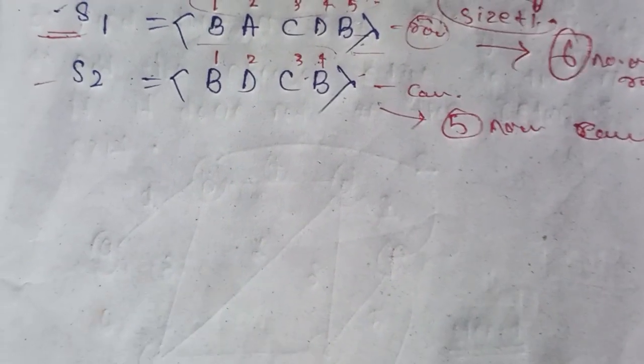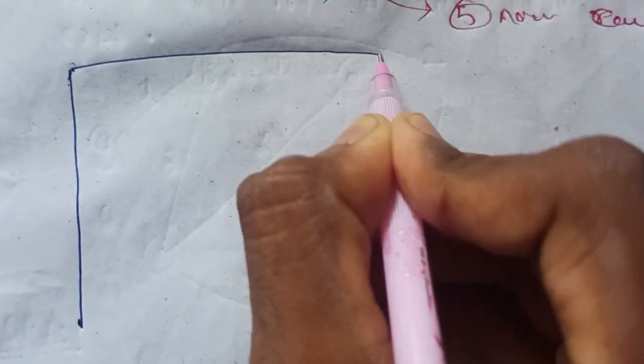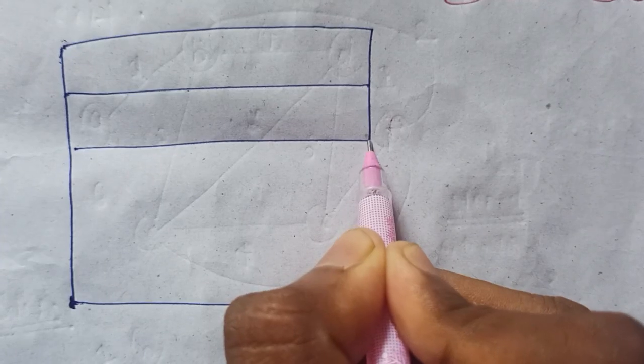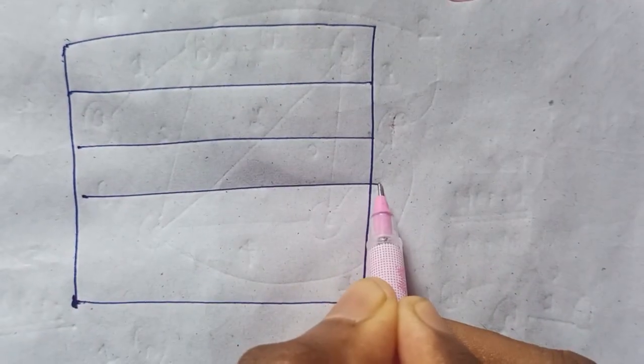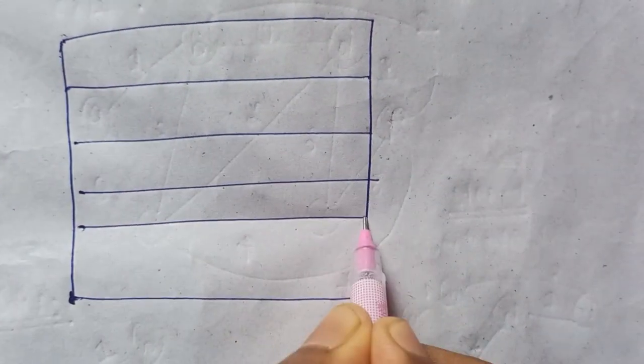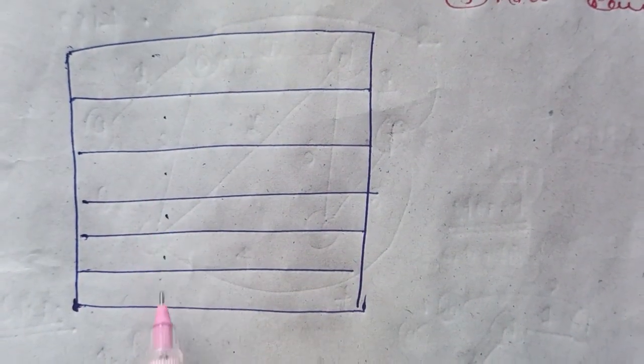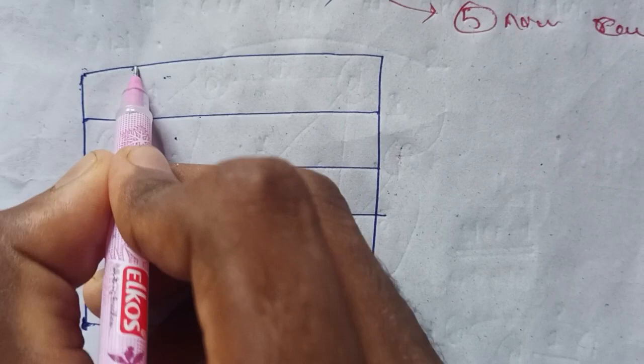Okay, so let's draw. Simply draw this: 1, 2, 3, 4, 5, 6, and then 1, 2, 3, 4, 5.